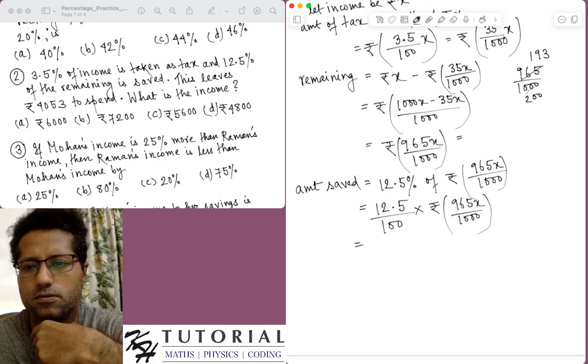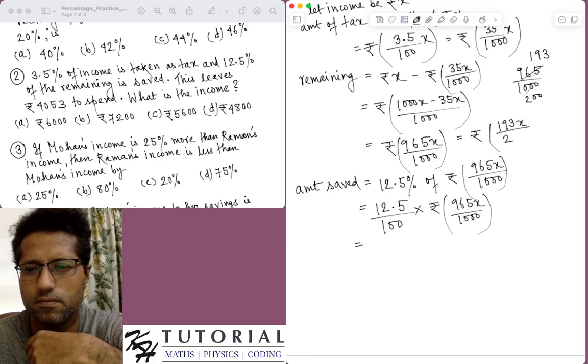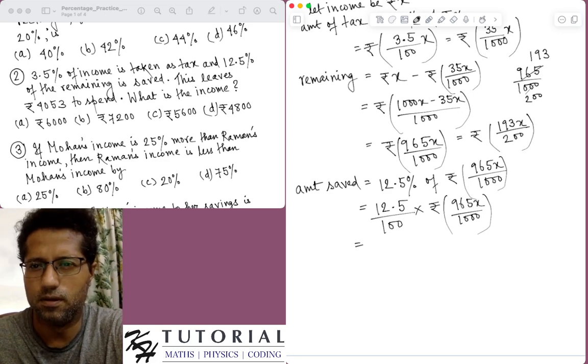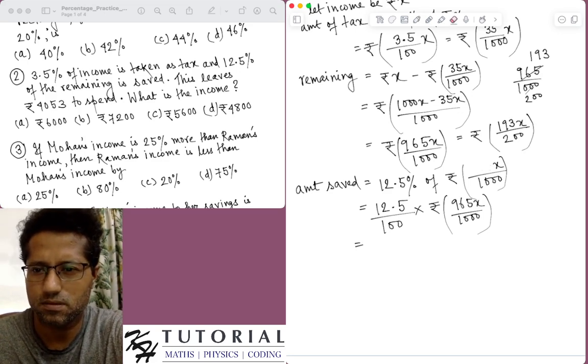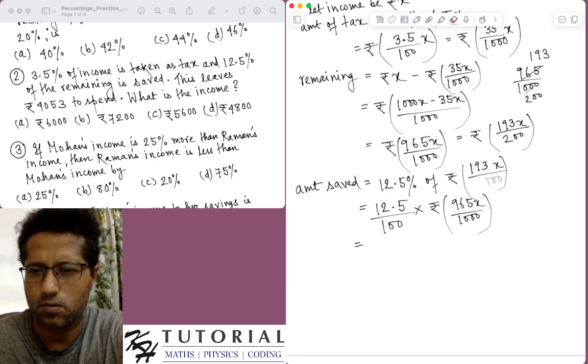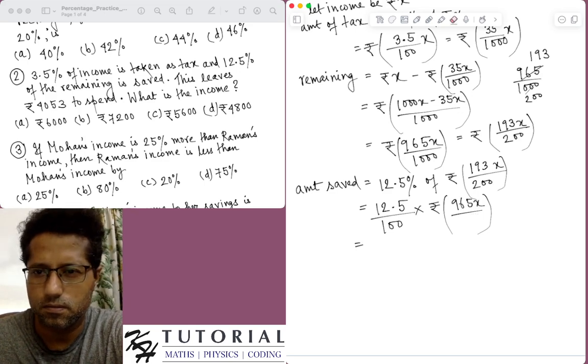So after simplification, the remaining is 193 X by 200.